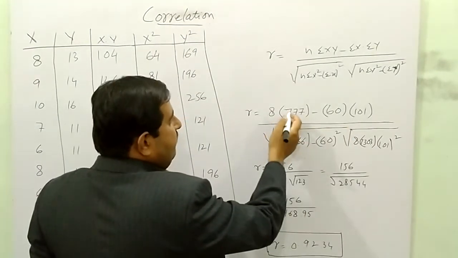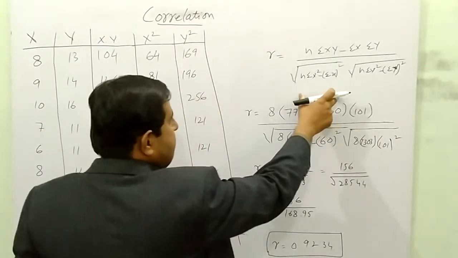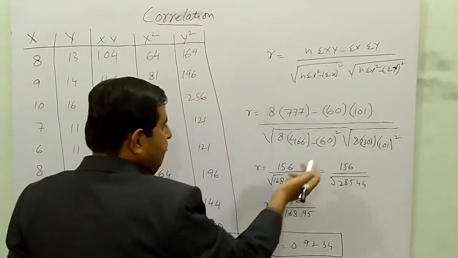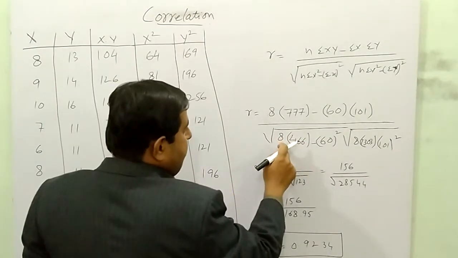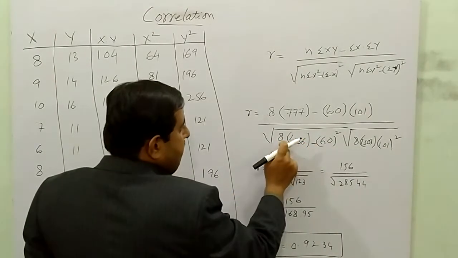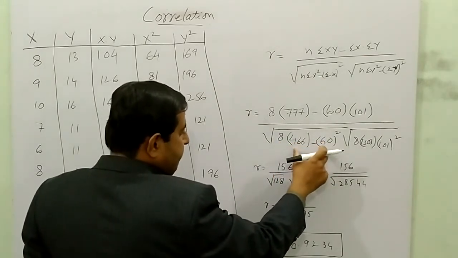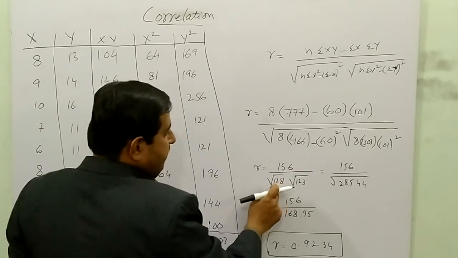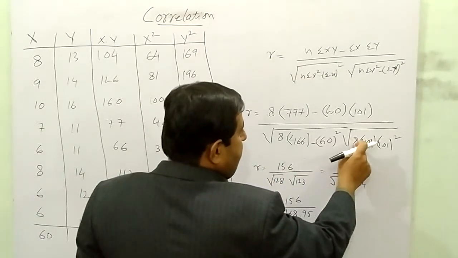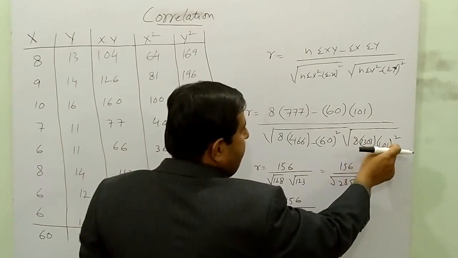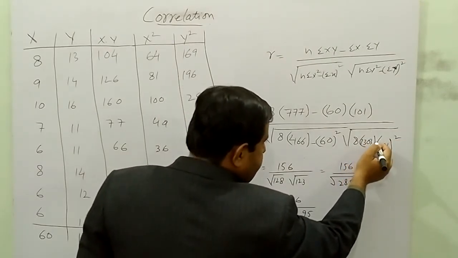When we multiply these values and subtract this value from this value, 156 will come out. Then here we multiply this value, and the square of this value, and the difference between them will become 128. Similarly here also we multiply this value and the square of this, then take the difference. Remember, here is a difference.